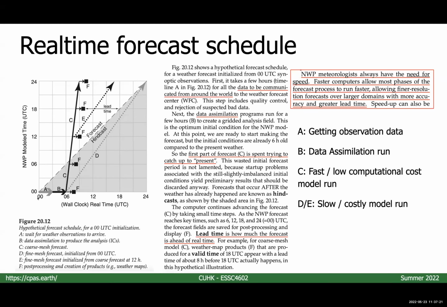And the second thing, after getting the observation data, some organizations have to do data assimilation, which means all the observations are usually sparse, because on the surface of the Earth, the weather stations are only a dot on the surface. And of course, you have other observation data via remote sensing or via sounding.